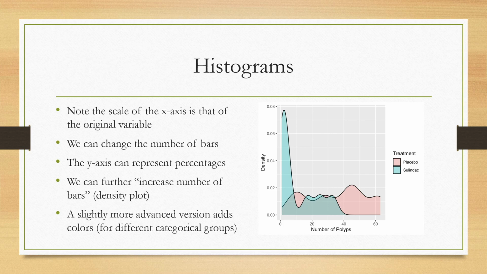The placebo seemed to be roughly balanced between 0 and 60 polyps at the end, whereas in the drug group, most of the people were right around 0, maybe a little bit more, and then we had a few people between, say, 20 and 40 polyps. Nobody above really 40, it looks like, given our density plot.